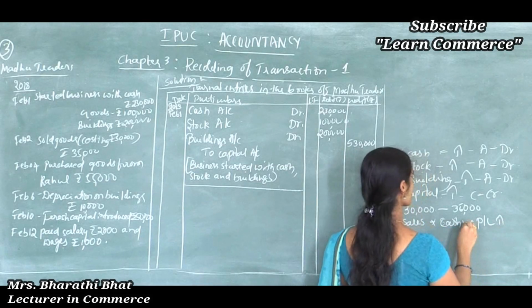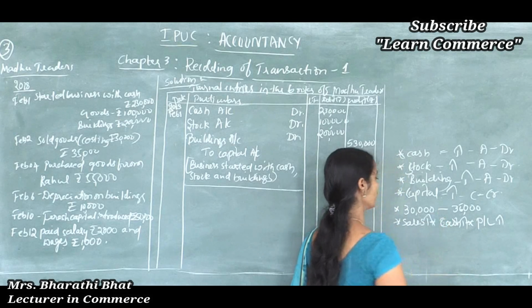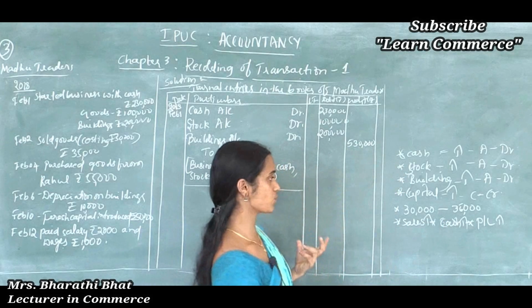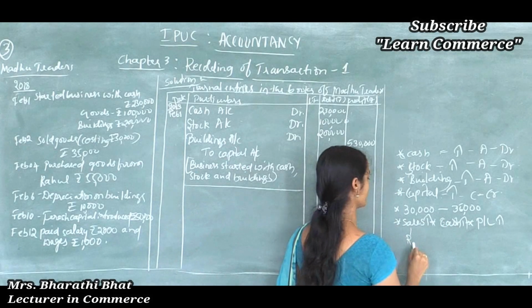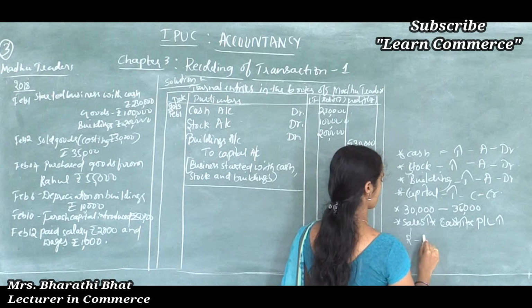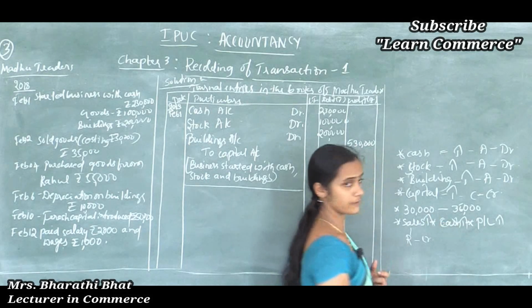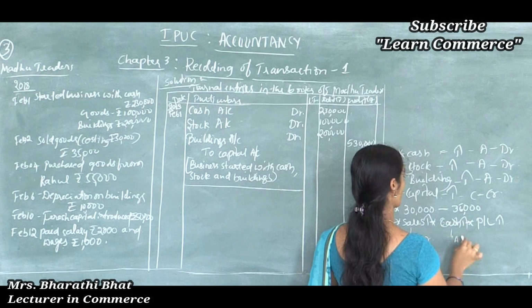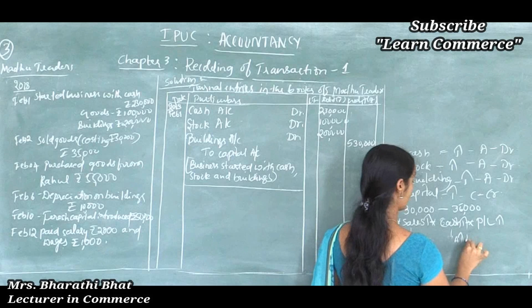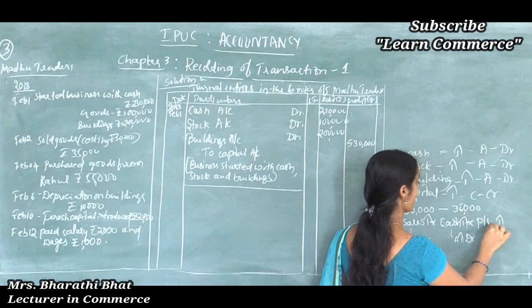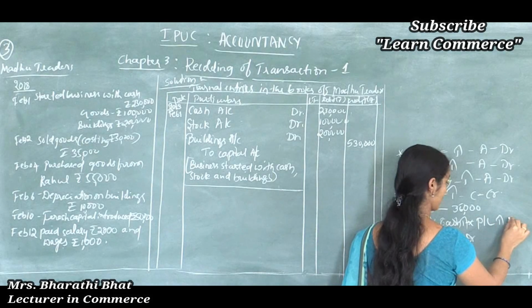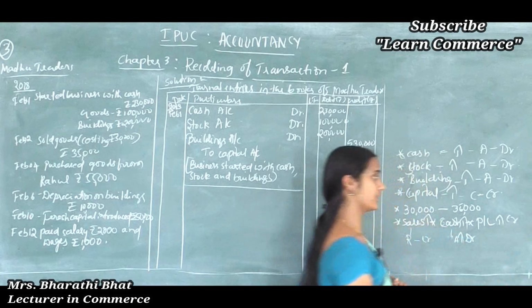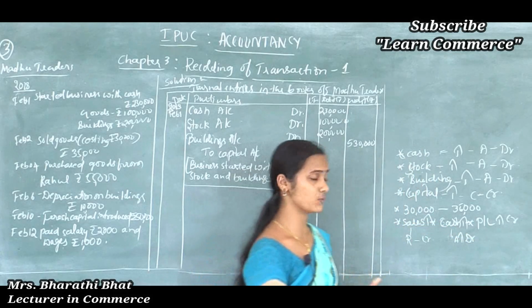So profit increases, cash increases, sales also increase. Sales comes under revenue, so credited. Cash comes under asset. Asset shows increased value, and increases in asset is to be debited. Profit and loss shows increased value. Increases in profit, increases in revenue is to be credited.